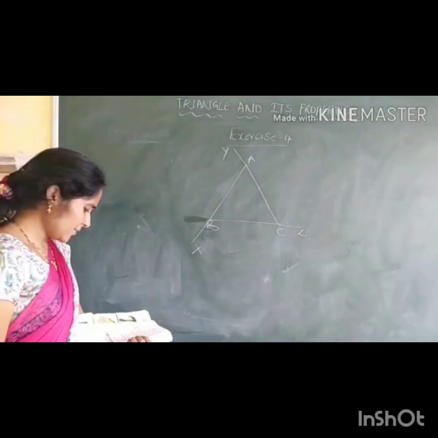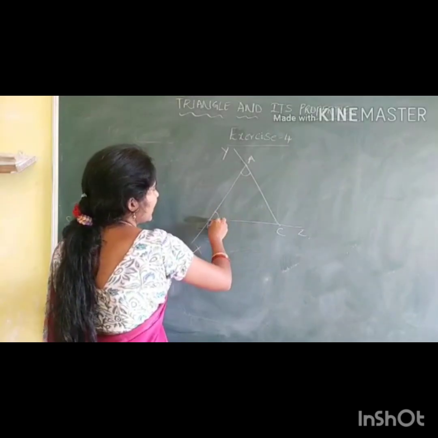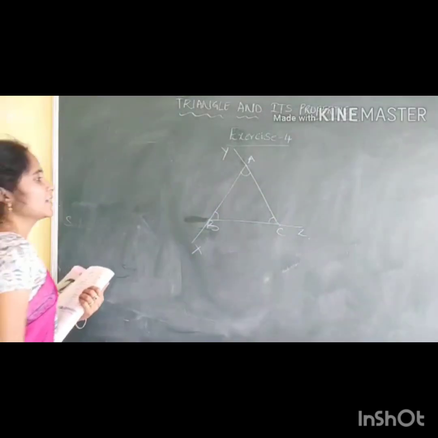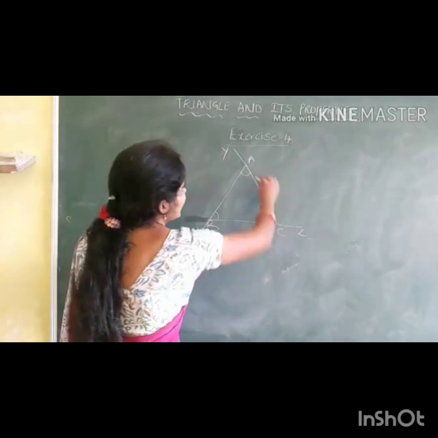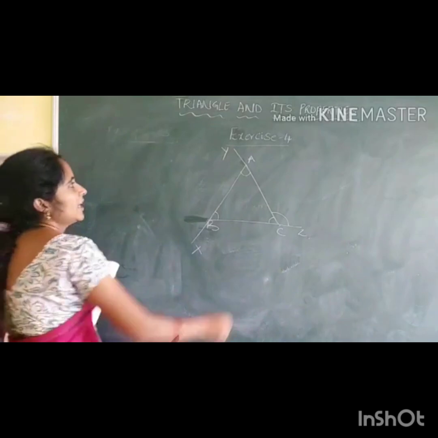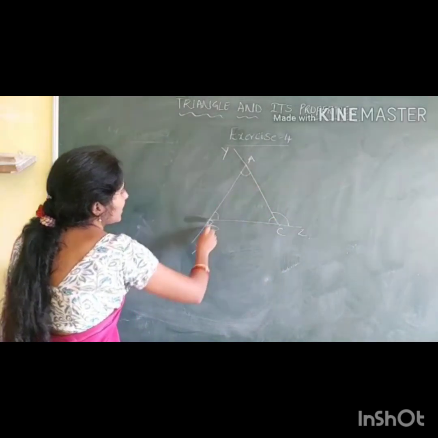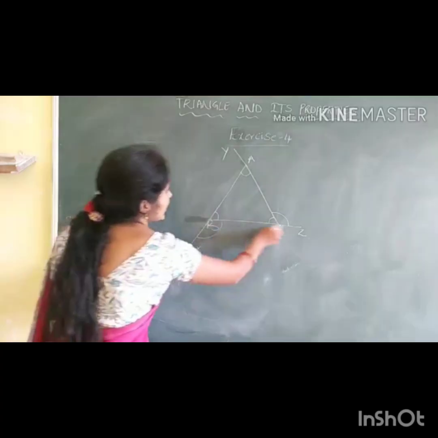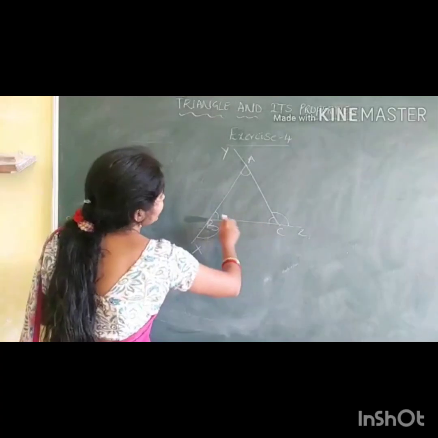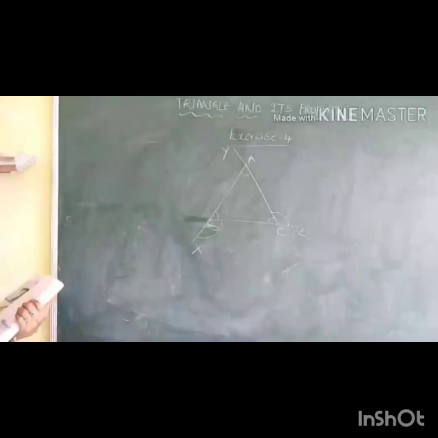So here what are the interior angles? As you know, angle A, angle B, angle C are interior angles. And what are the exterior angles? This angle ACZ is one of the exterior angles, angle ABC is one of the exterior angles, and angle CAB is another exterior angle.